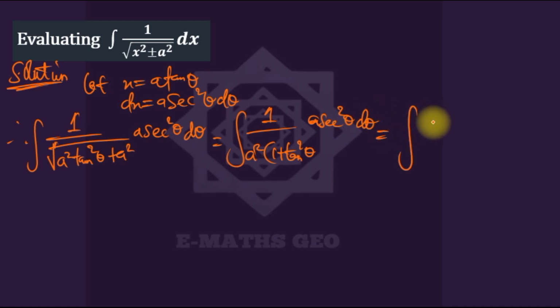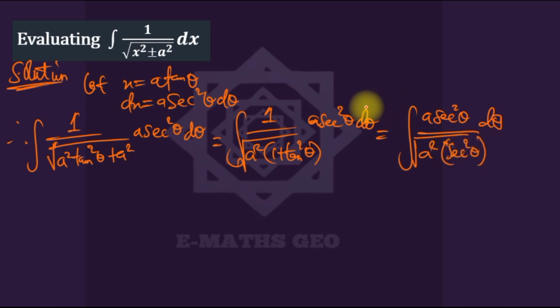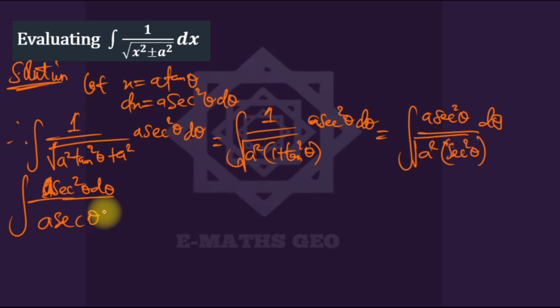This is equal to, let's start writing, 1 over, remember the square root, this is sec squared theta. 1 plus tan squared is sec squared theta, and the square root of this is a sec theta.